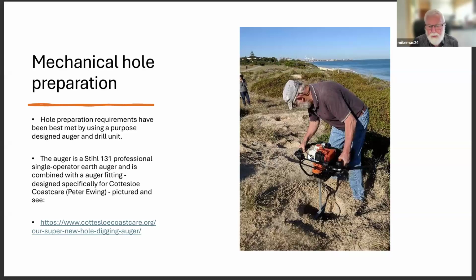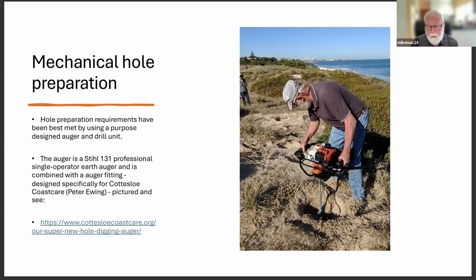So I was talking about the holes. This is the way we make our holes now. We've developed a specialised auger head to go on a petrol-driven auger that makes a hole in sandy sites. You can see that's me operating the auger.